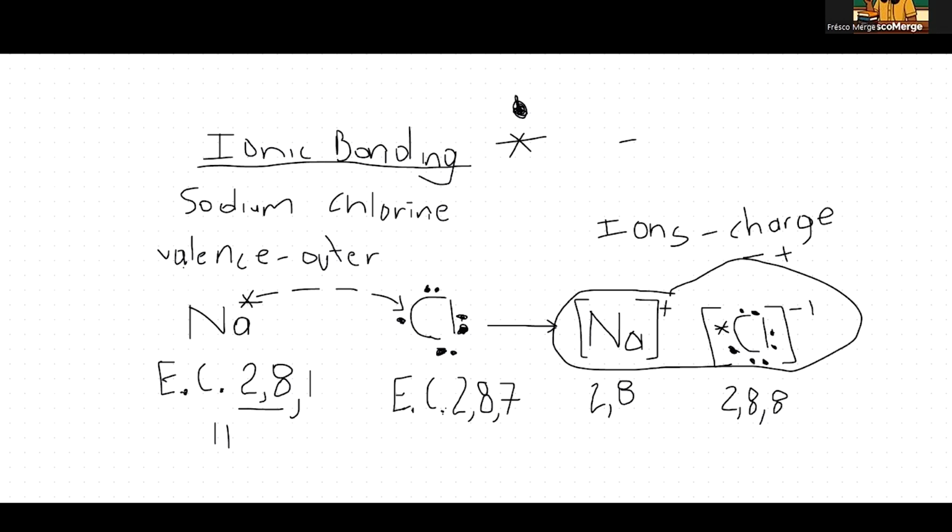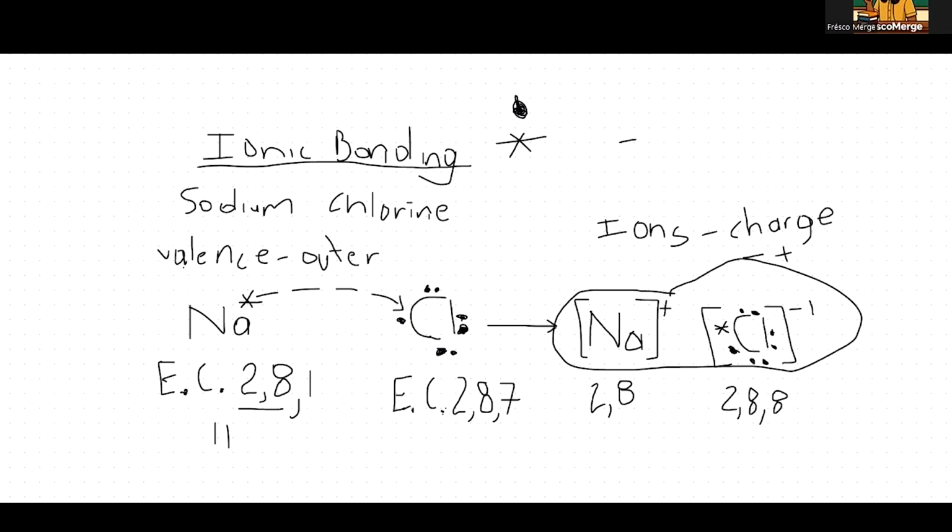Now, as I said before, the first shell can hold a maximum of 2, the second shell 8, and the third shell 8 at this level. That's what you look at, 8. When you move on to a higher level, you refer to 18 and so on, but we're not going to touch on that.